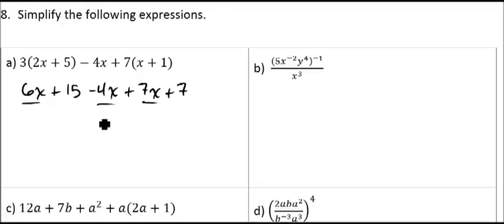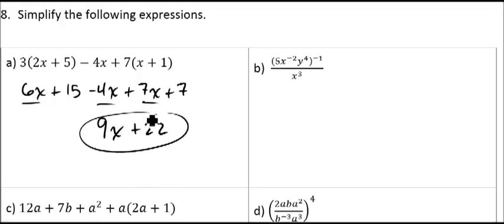When I take negative 2 and combine that with a 4, that's going to be positive 2. 6x minus 4x is 2x, and 2x plus 7x is going to be a 9x total. And then I have a 15 plus 7, which is the number 22. So this is 9x plus 22.